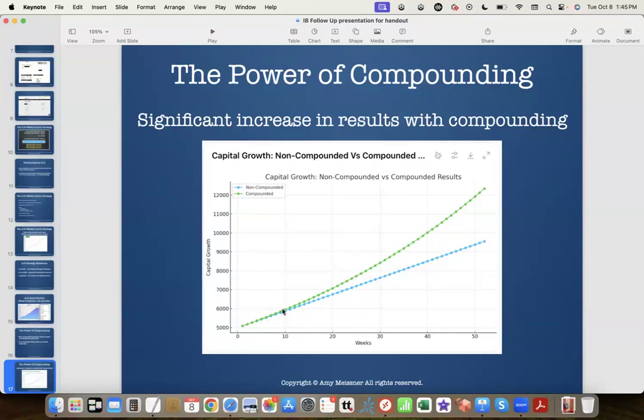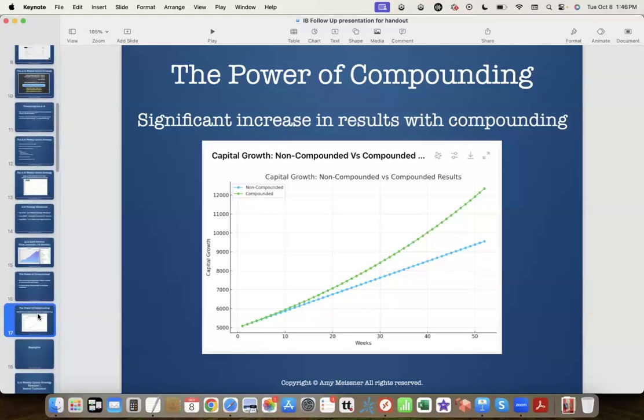Whereas if I was able to compound and increase the contract size or the amount of margin I'm using based on the profits that I've been gaining and then reinvesting them back into the trade, it can significantly increase the growth. And you can see that by the green line. So it does have a very big effect. Basically, it can double the growth the way that I'm doing it.